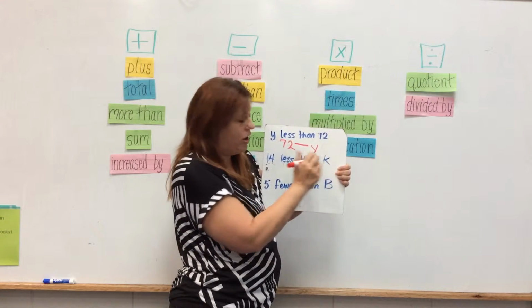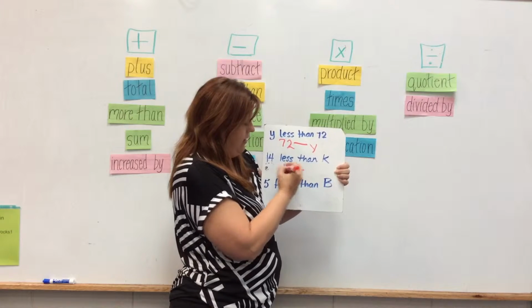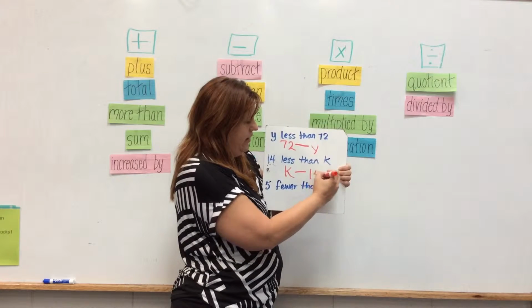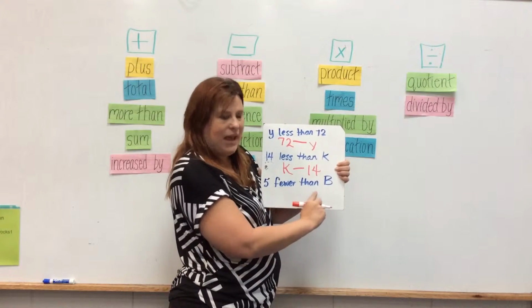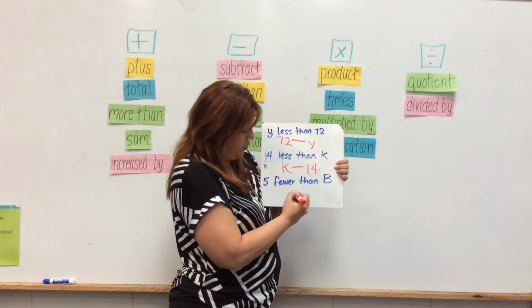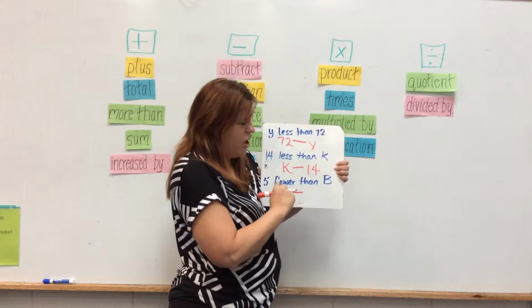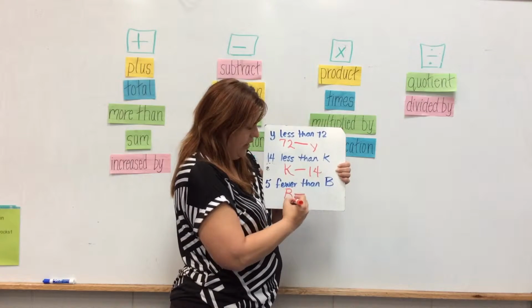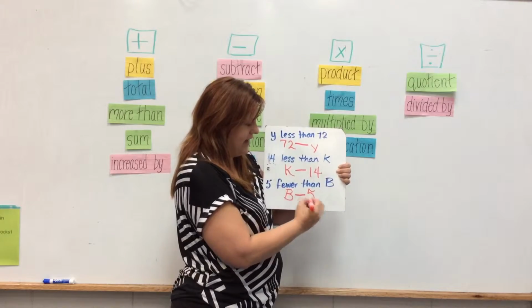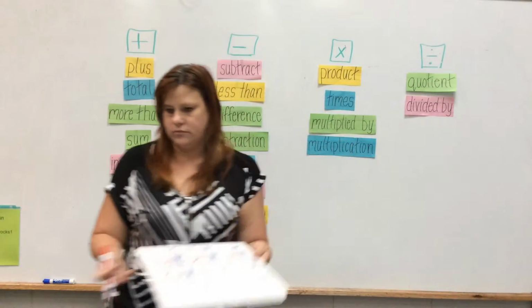That means I'm starting with k. And then 14 is what I'm subtracting from k. Fewer than is the same thing, okay? Fewer than means subtraction, and it's 5 fewer than B. That means I'm starting with B and I'm subtracting 5.